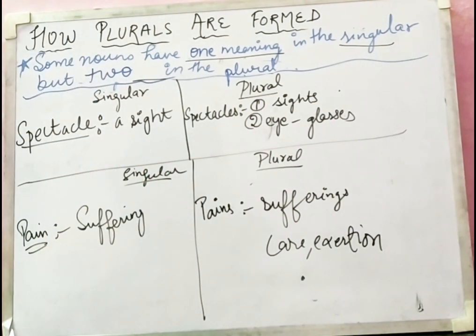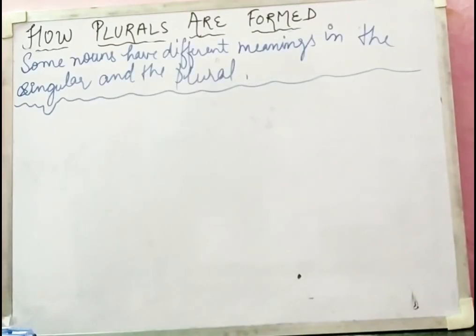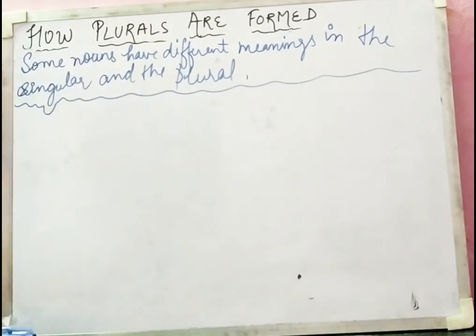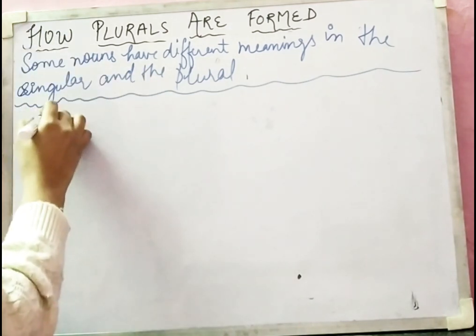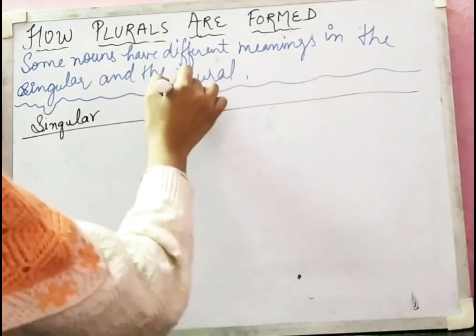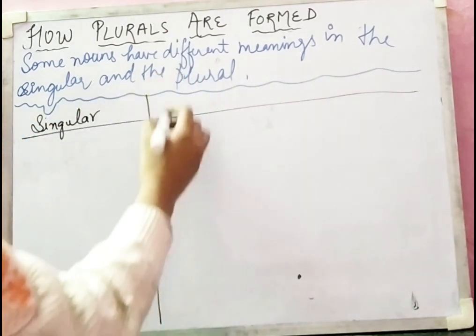Now moving forward to the next part, this concept is saying that some nouns have different meanings in the singular and the plural. Means in singular there is an entirely different meaning, and in plural also there will be an entirely different meaning from singular. So I think I should start with an example so that you can understand this more perfectly. Like, let me take an example of singular first, and then I will tell you the plural.